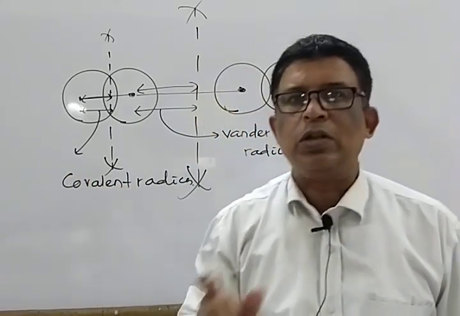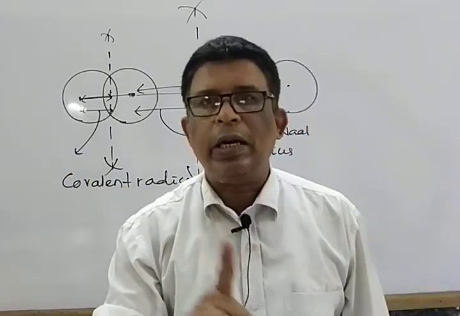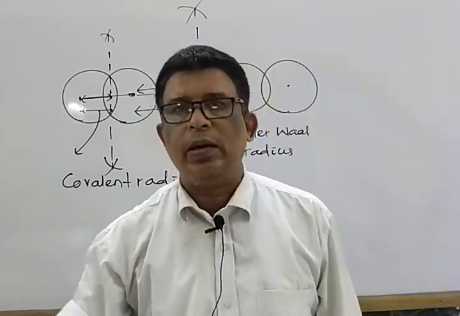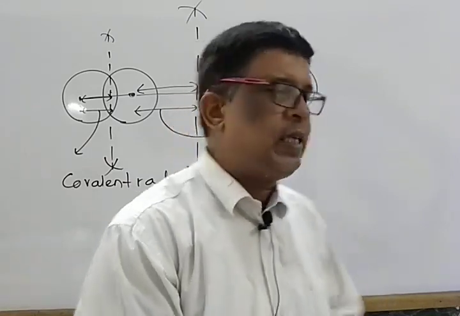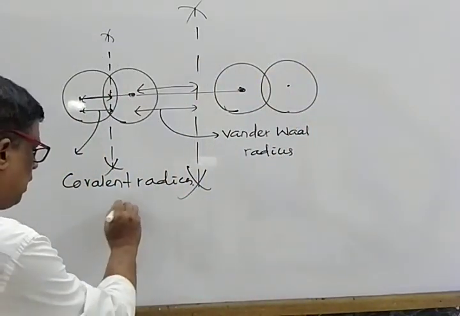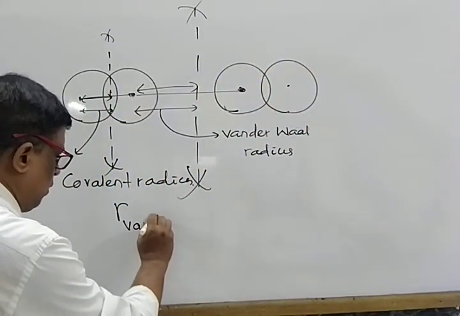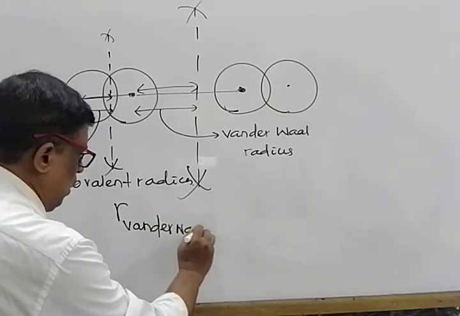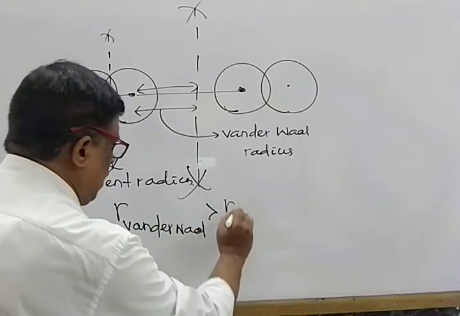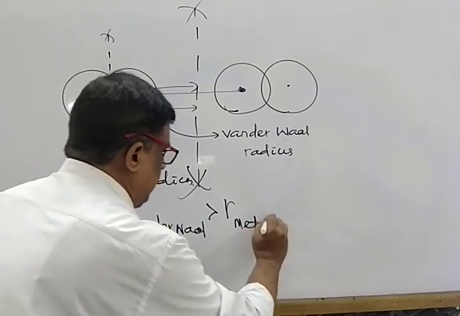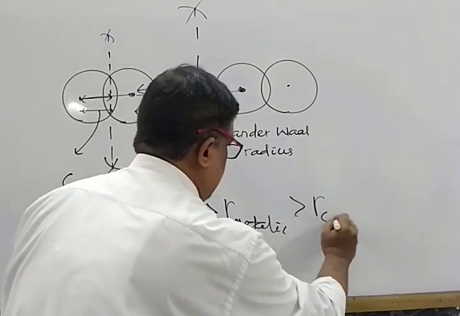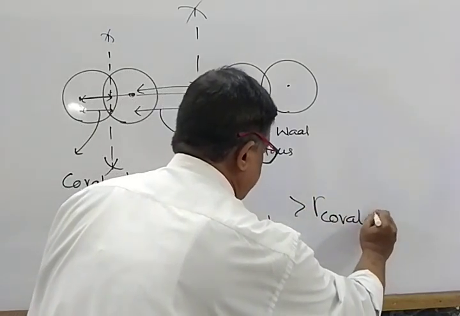So from this figure also it is clear that van der Waals radius is greater than the covalent radius. And if we select these three, then we can write R van der Waals greater than R metallic, and the last one is R covalent.